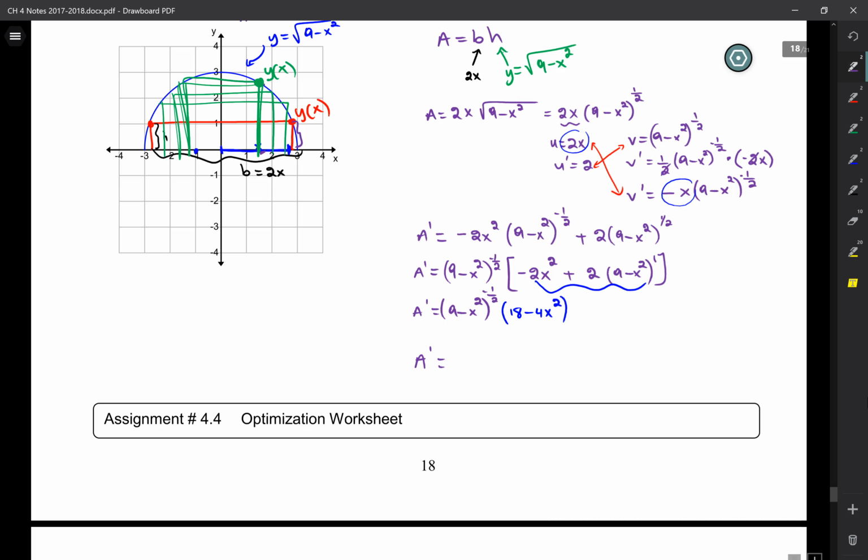So why don't I write that as 18 minus 4x squared over 9 minus x squared to the half. If you like, that's a root. If that makes you feel better, because you could see exactly what it looks like, that's totally fine. Well, that's A prime. So we're halfway done solving the problem.